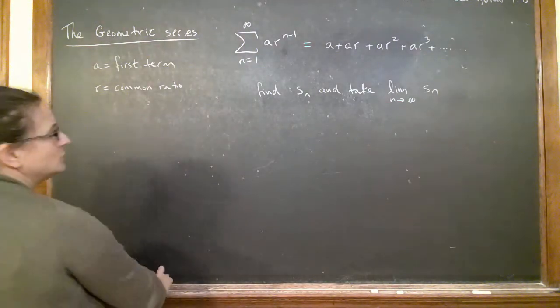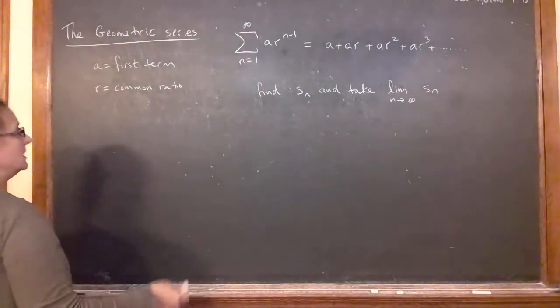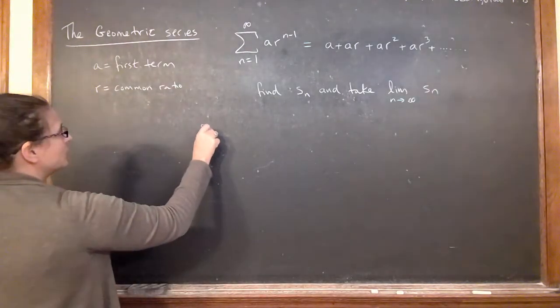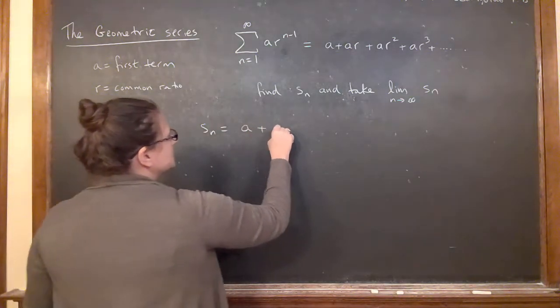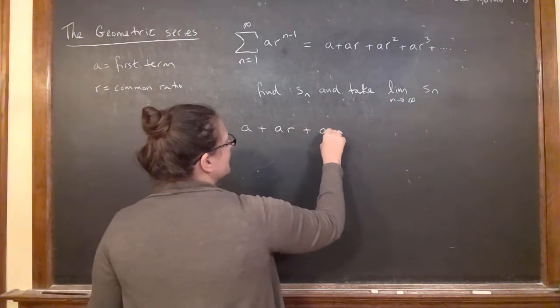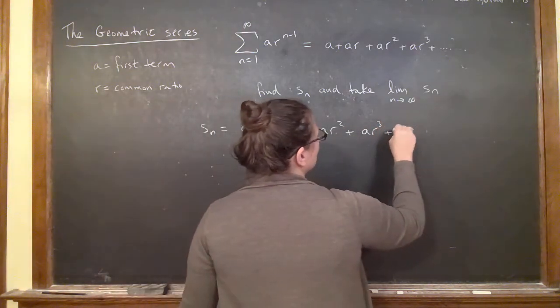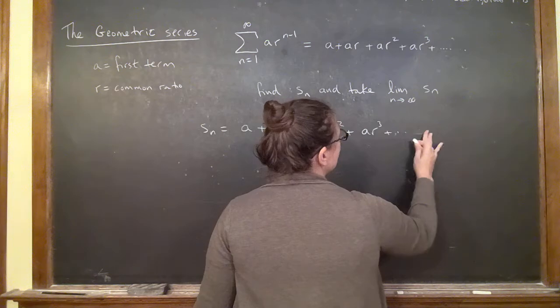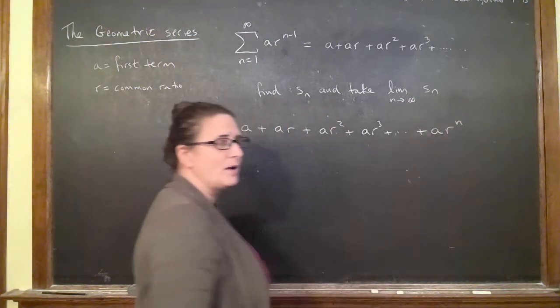And I want to do it with this general A and R. If I write down what the nth partial sum is, this is A plus AR plus AR squared plus AR cubed, up to the nth term, which should be AR to the n, right?